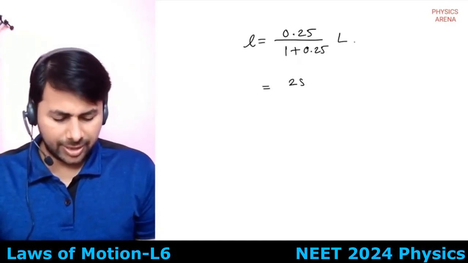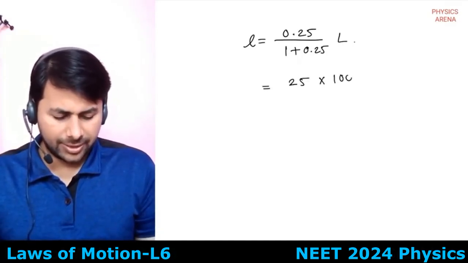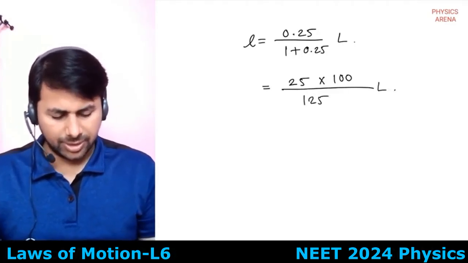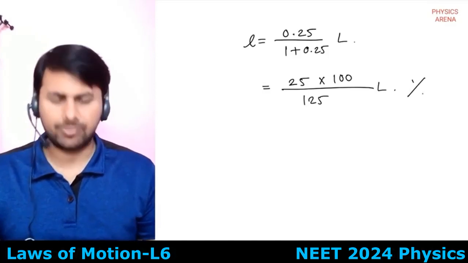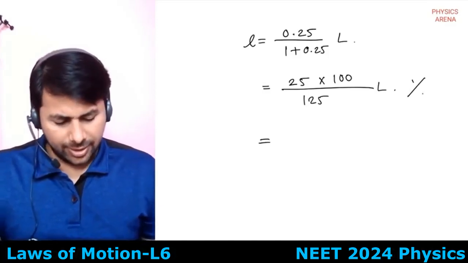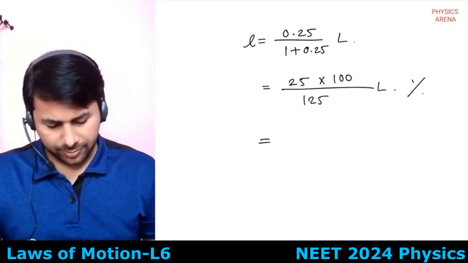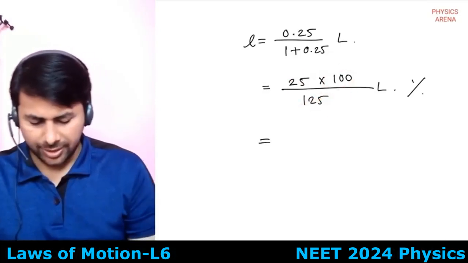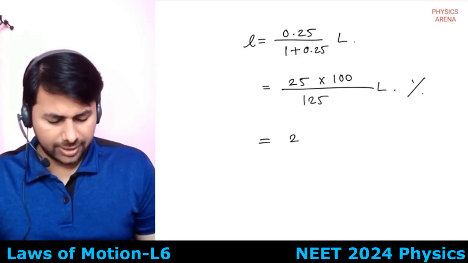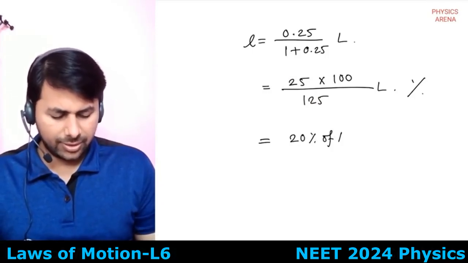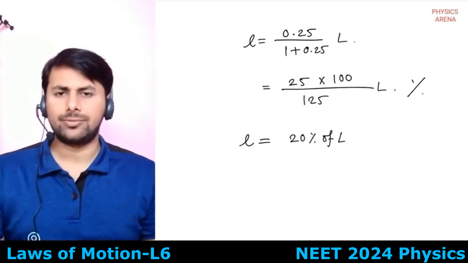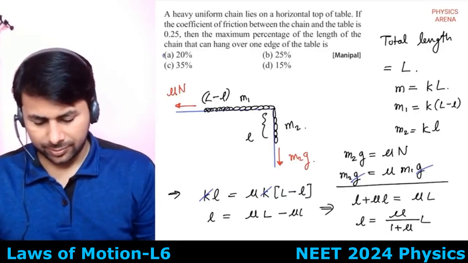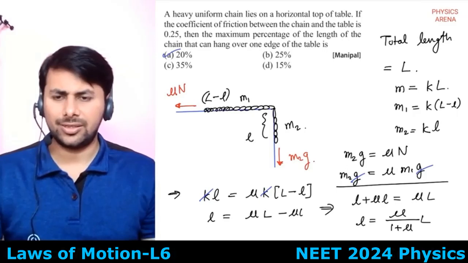If you multiply this by 100, you get 25 times 100 divided by 125 times L. That much percentage of L. So this is 1 by 5, and 100 by 5 is 20. So l is 20% of capital L. Okay, so it is option A. Is it clear? Yes, no?